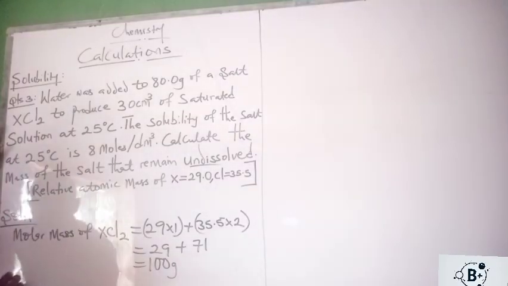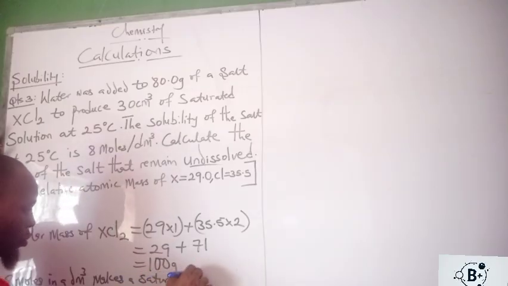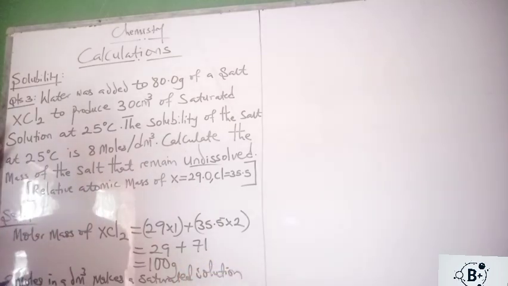So 8 moles in a dm³ makes a saturated solution. So this means that we multiply the moles now times the molar mass.